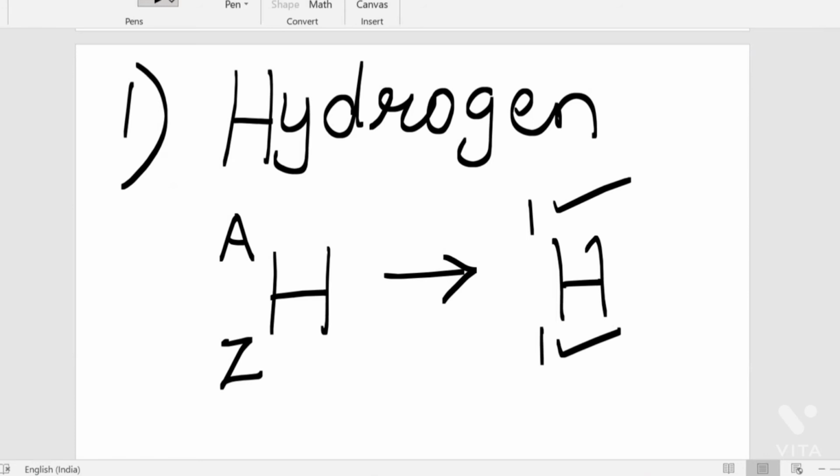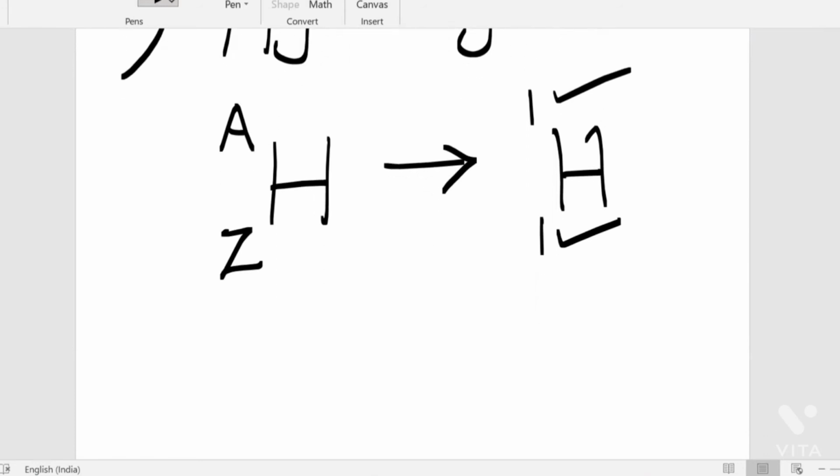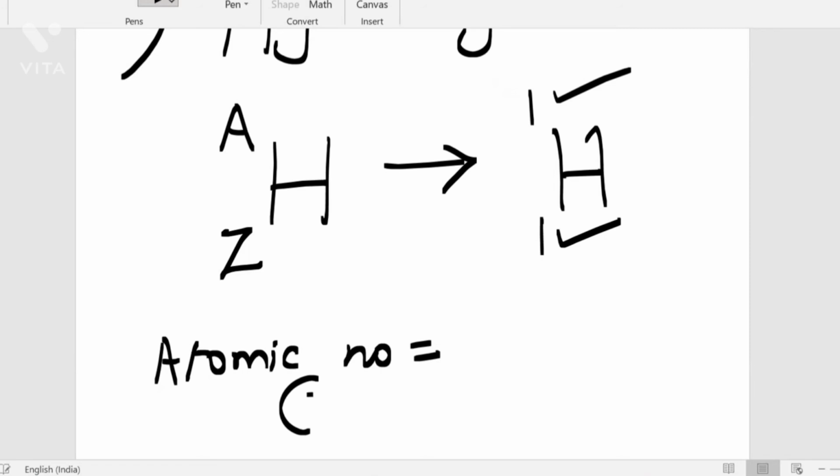Based on this, it is easy to write its proton and neutron numbers, because atomic number is represented by the letter Z, that is given 1. That means 1 is the proton number, 1 is the electron number.